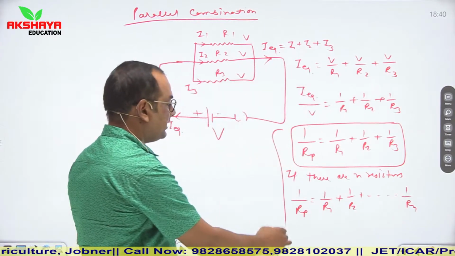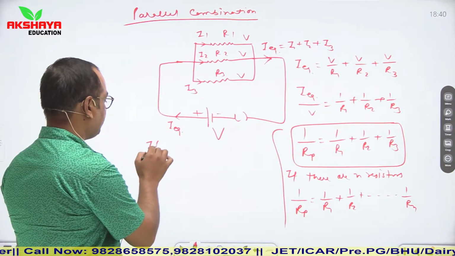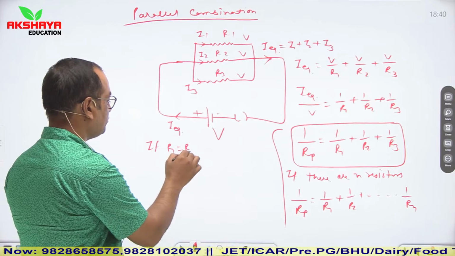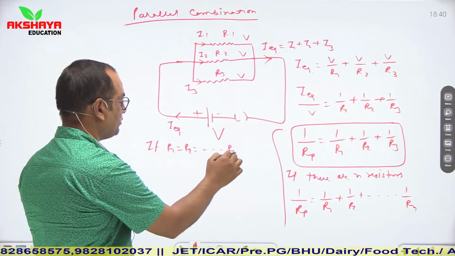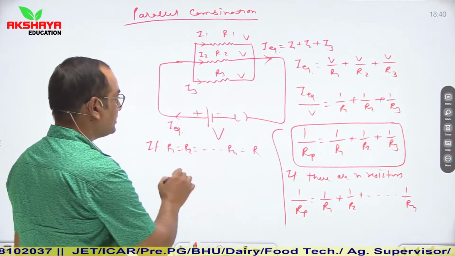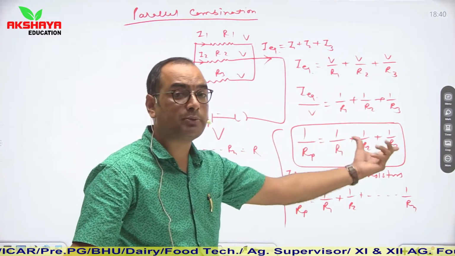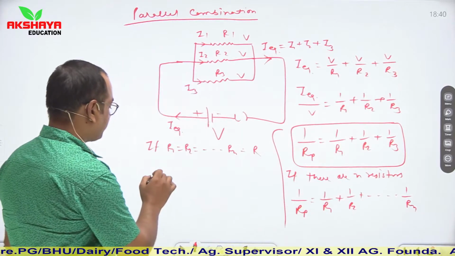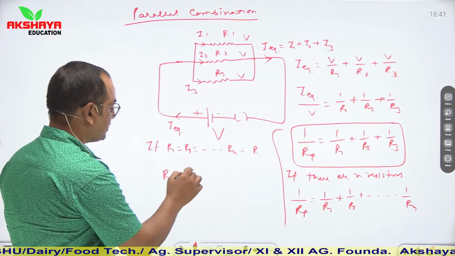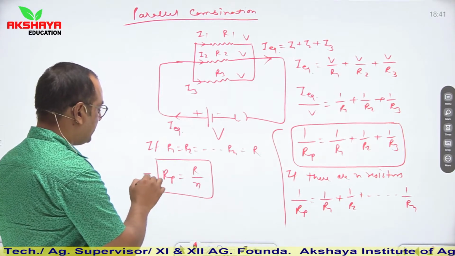And if all these resistors have similar values, it means if R1 is equal to R2 is equal to up to Rn and all have the same value R, then in this condition, the sum is 1 upon R plus 1 upon R plus 1 upon R up to n times. So in this condition, Rp becomes equal to R upon n.